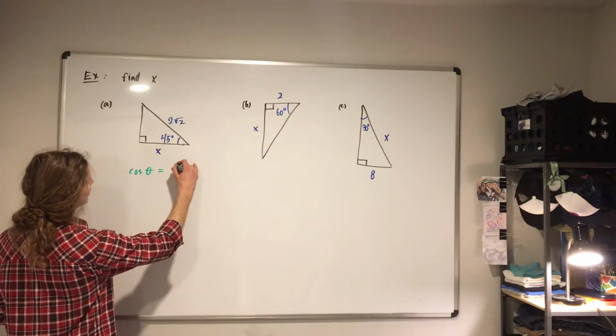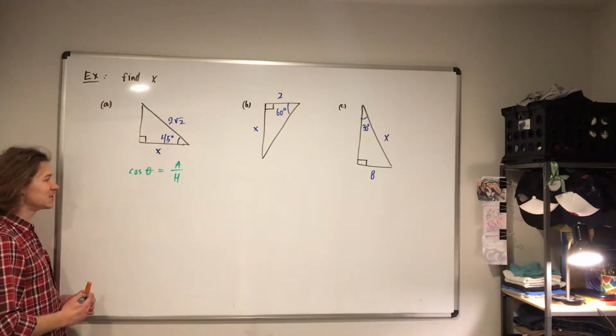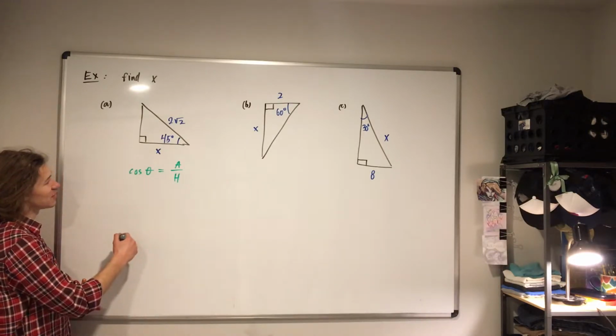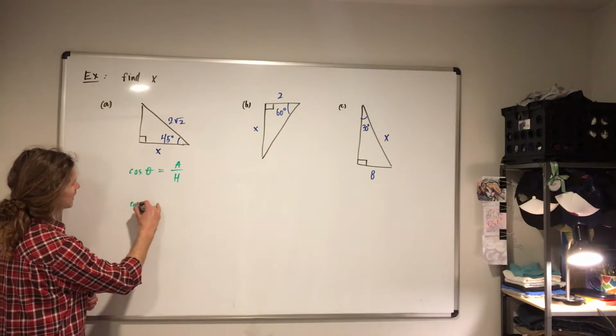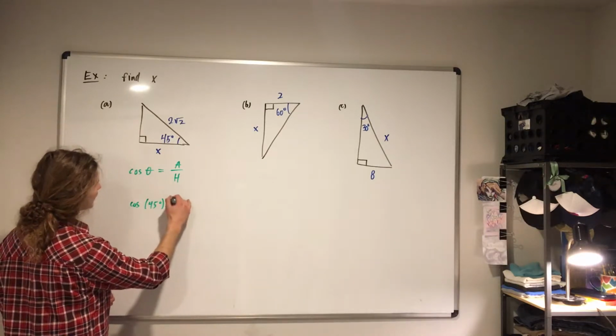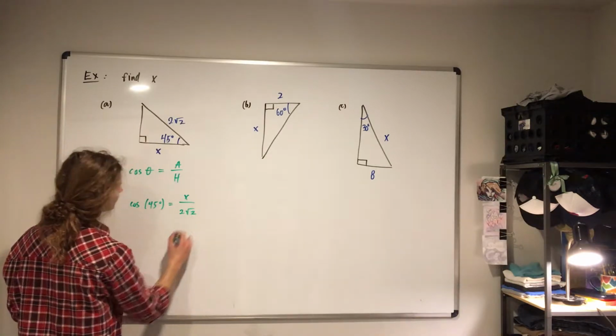That again would relate our adjacent side and our hypotenuse, the ratio of those two being equal to the cosine of theta. We'll see that we can then solve for x in this case, where we plug in values here. The cosine of 45 degrees equals our adjacent side x over the hypotenuse 2 root 2.